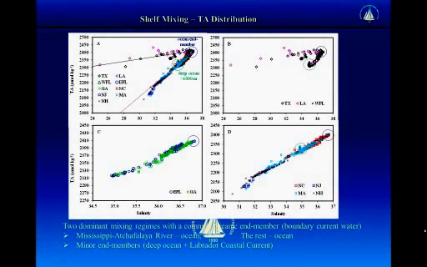First, I would like to show you this mixing diagram. This is the TA salinity plot. Generally speaking, alkalinity shows conservative behavior, and it's very useful for identifying major water masses. There are basically 2 mixing regimes, and both scenarios have a common ocean end member.